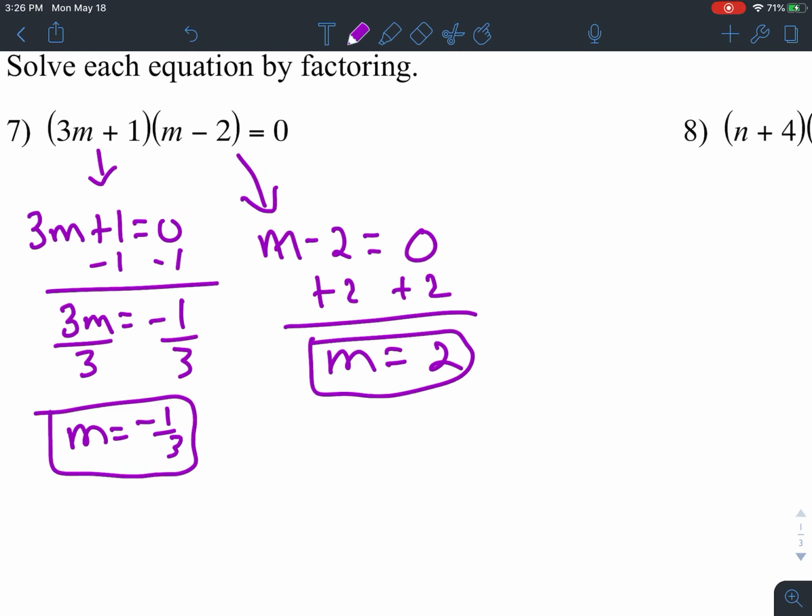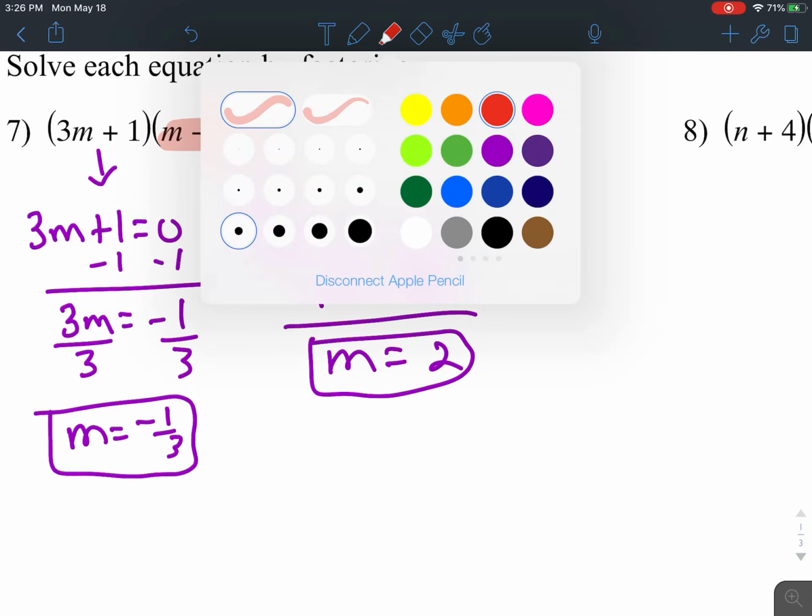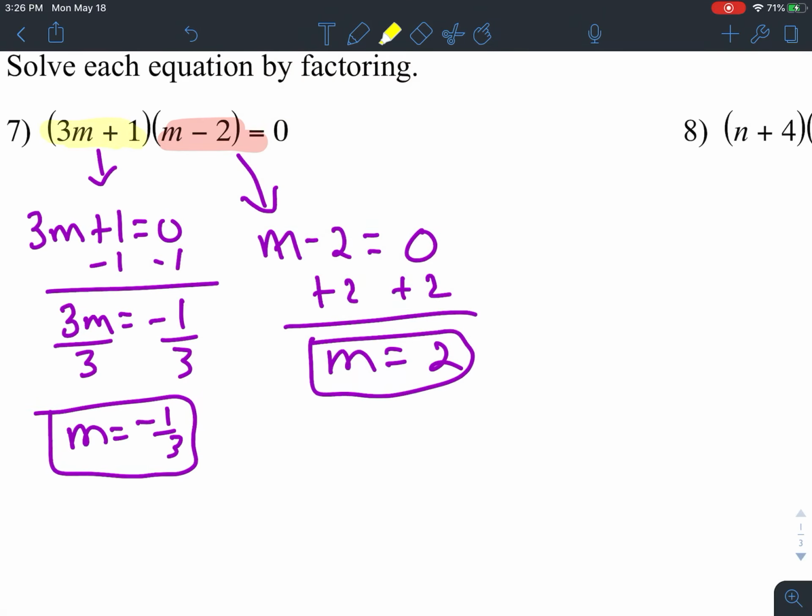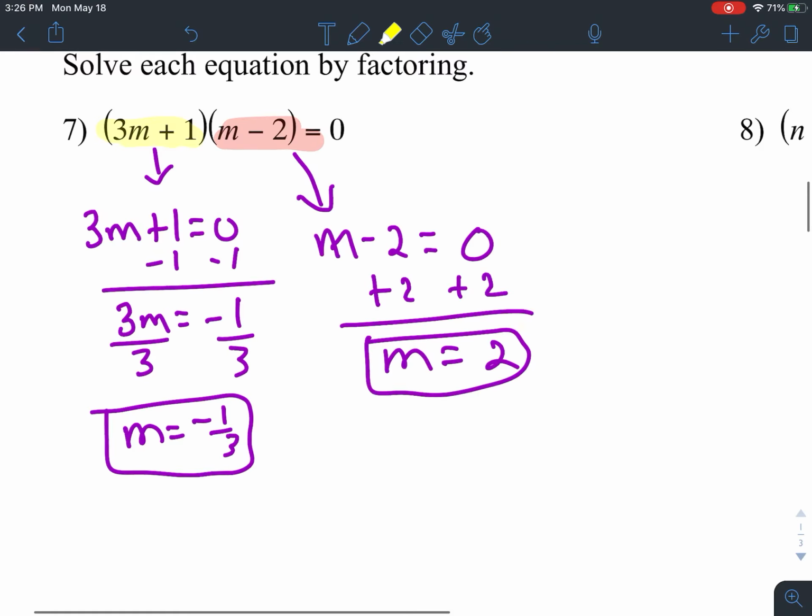Now remember, I gave you shortcuts for these when we did this a couple weeks ago. Problems like this one, where there's no number in front of the variable other than 1, you can just take the opposite number and that's your answer. But a problem like this, where it's 3m plus 1, you can't just take the opposite.